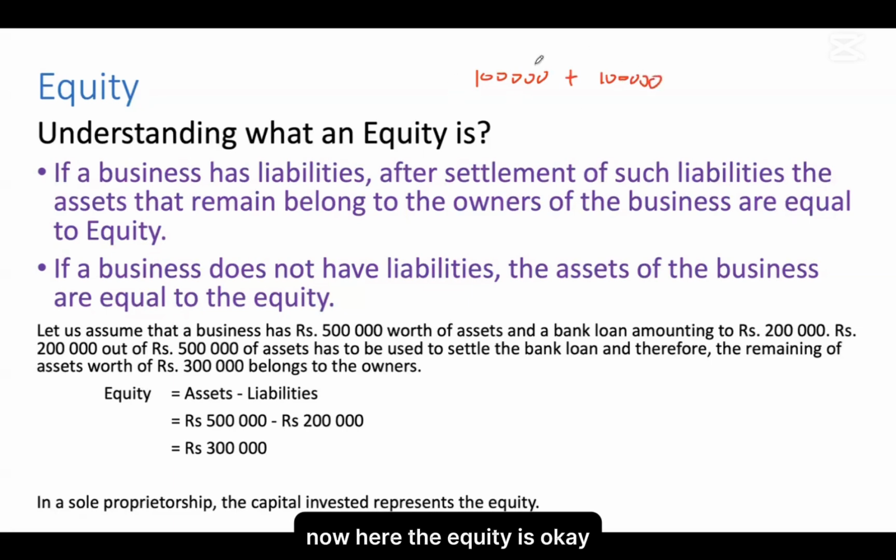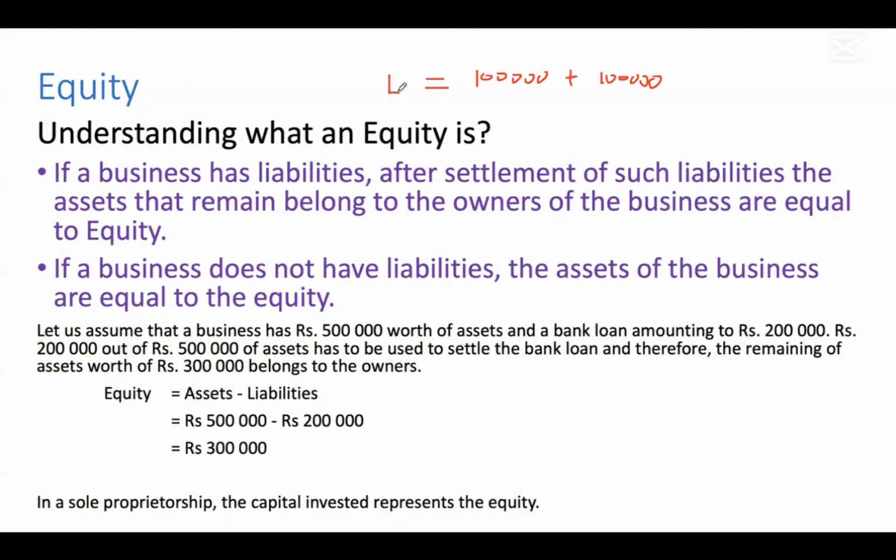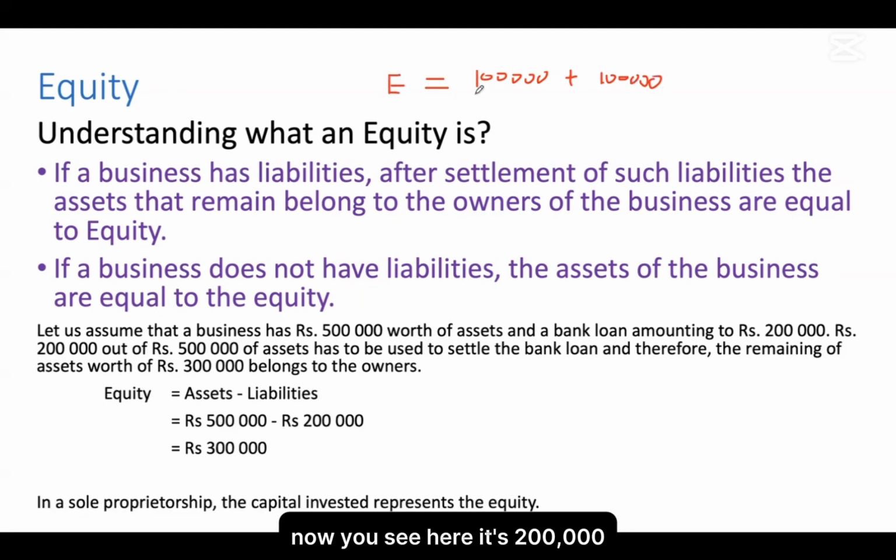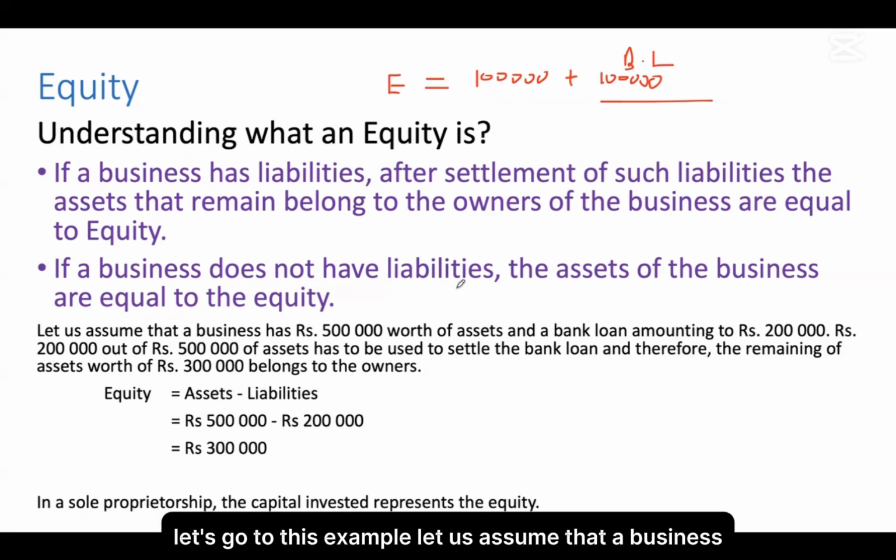Now we are looking at what the equity is. You see here, it's 200,000, but equity is the amount that remains after settlement of this 100,000, which is the bank loan. So there also the equity will be 100,000. Okay, so let's go to this example.